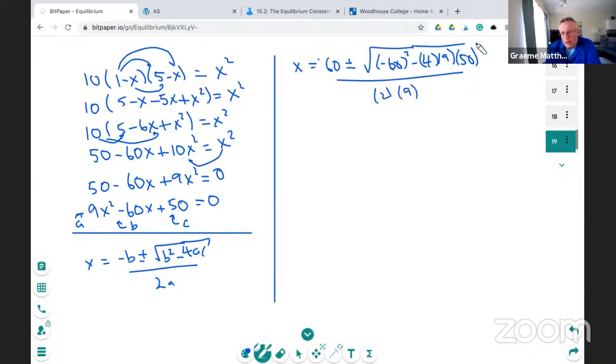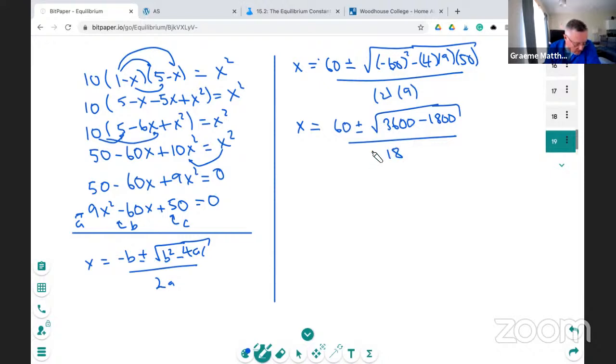Anyway, we plug it in, and you get x is equal to 60 plus or minus the square root of 3600 minus 1800, all over 2a, which is 18, 2 times 9 is 18.